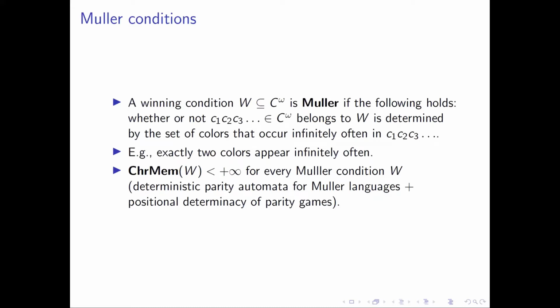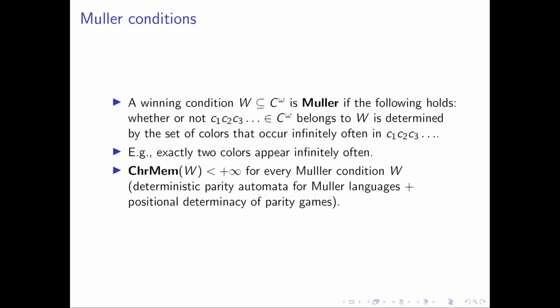First, it is interesting for so-called Muller conditions. A winning condition W is Muller if whether or not an infinite sequence of colors belongs to this condition is determined by the set of, one might say, limit points of this sequence. So by the set of colors that occur infinitely often in this sequence.